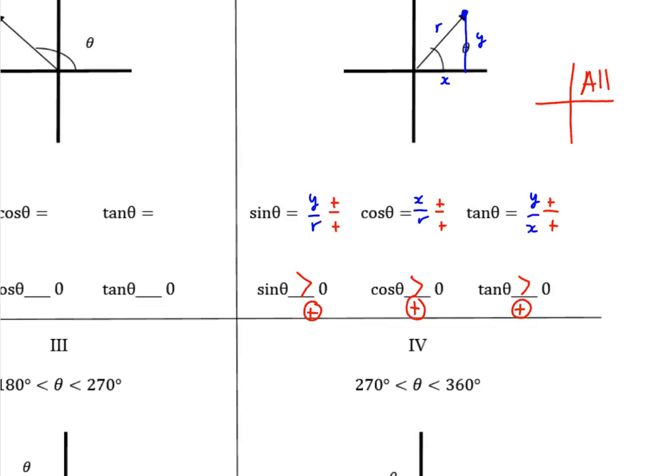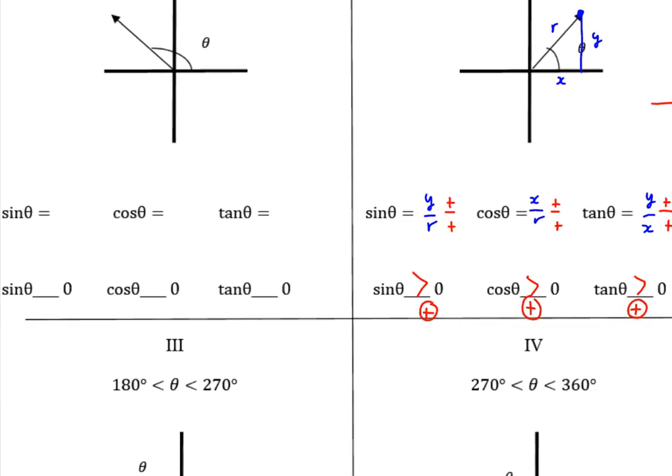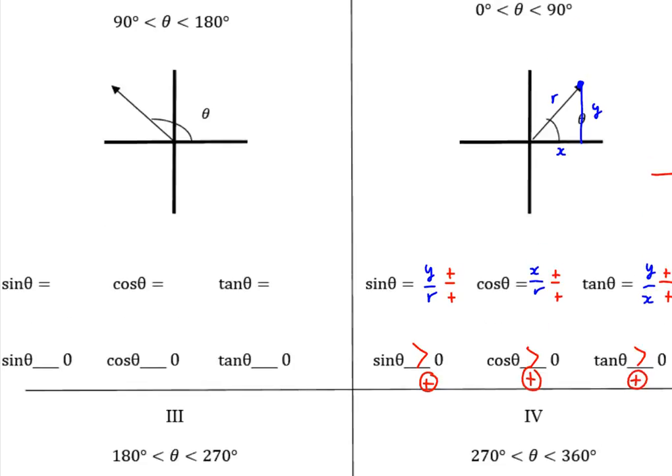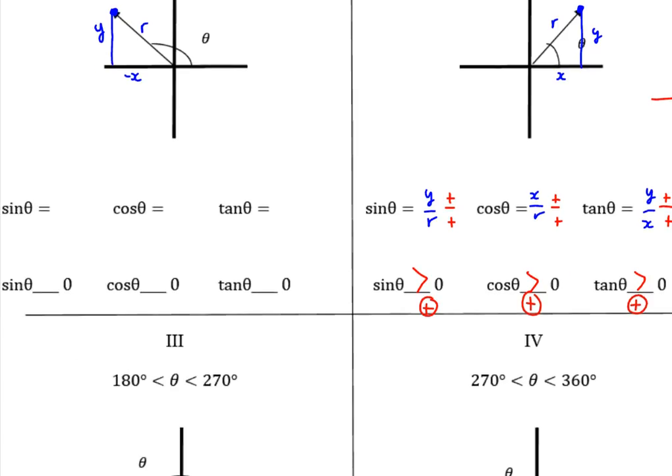Let's find out. Okay, let's go to quadrant 2. So when you're in quadrant 2, and we have a point, okay, r is always positive. x, positive or negative? It's going to be negative, and y is going to be positive. So sine will be y over r, which are both positive values. So if they're both positive, the ratio would also be greater than 0, or positive.